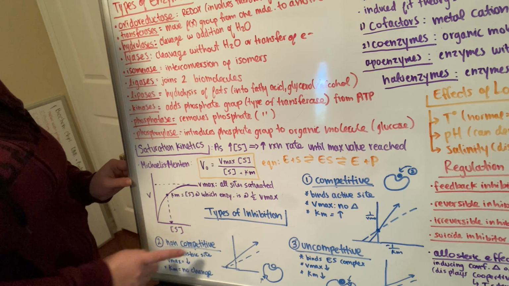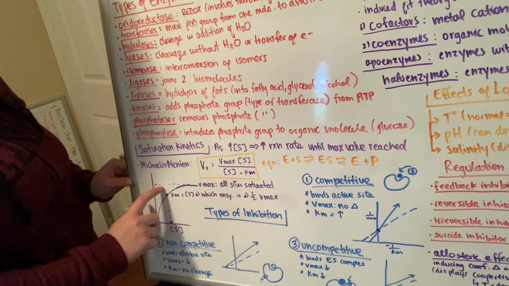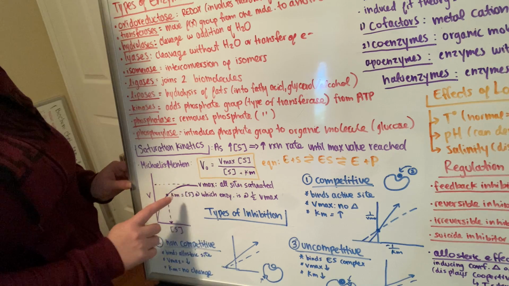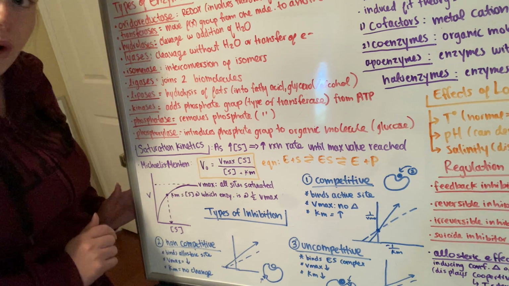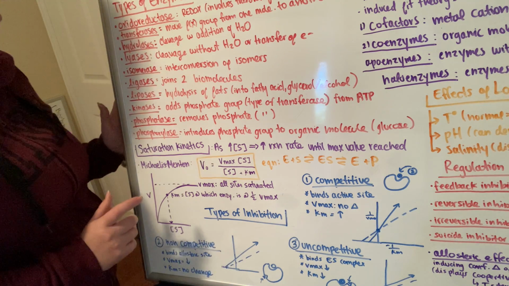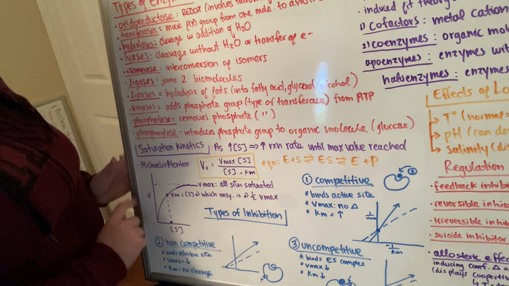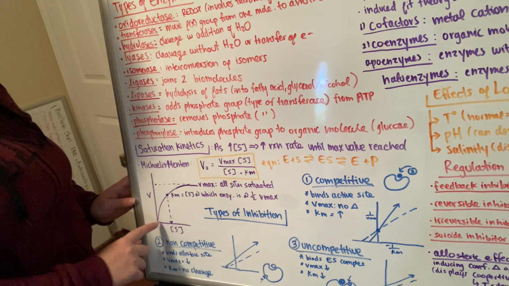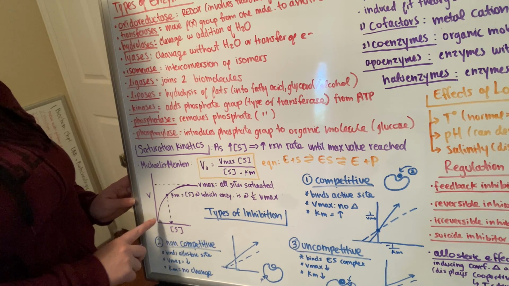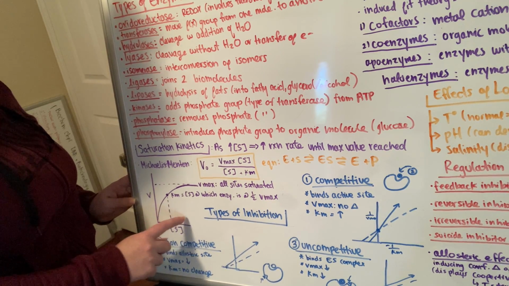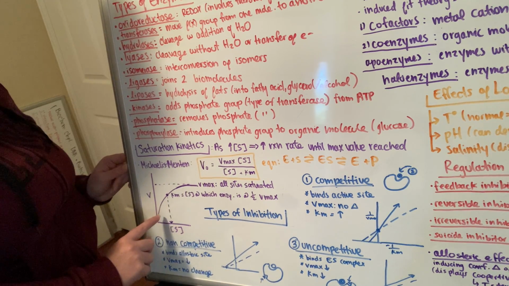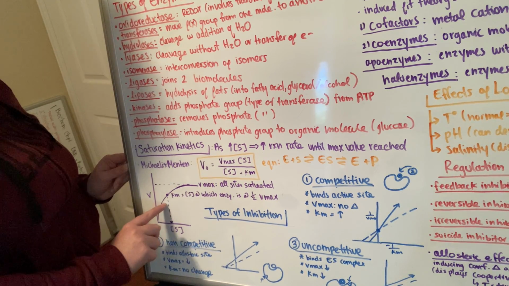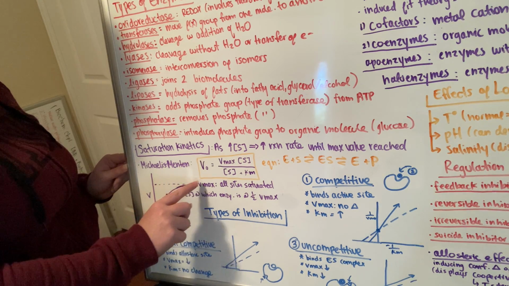This dotted line is called the Vmax, and this point right here is called the Km, and we're going to go into what those mean in just a moment. In this Michaelis-Menten plot, you can see that as you're increasing the substrate concentration, the rate of reaction is increasing as well, which is why you get this curve right here until the max value is reached.